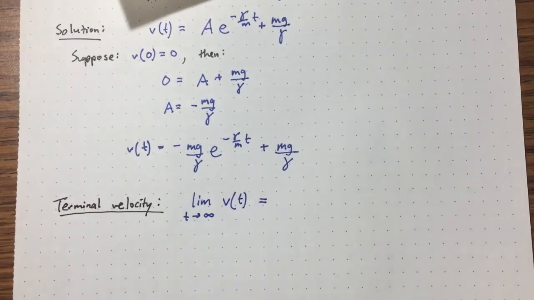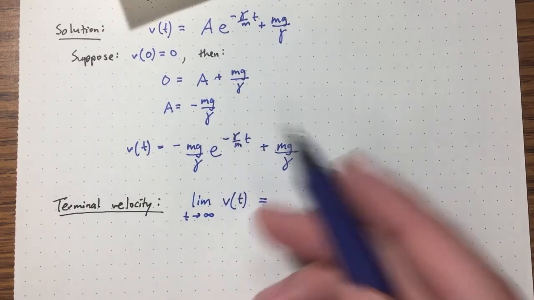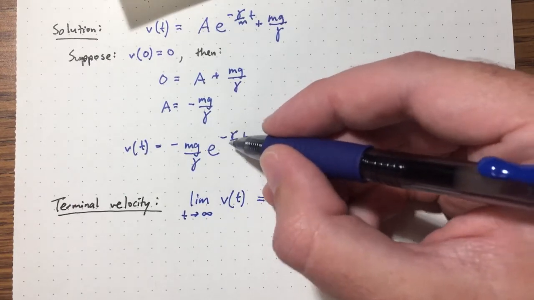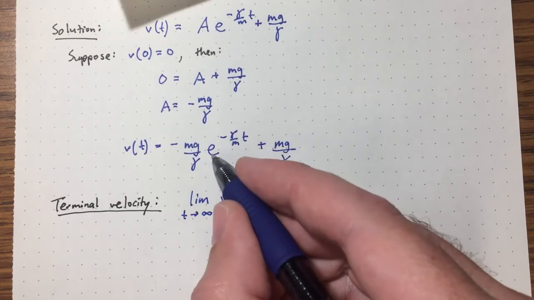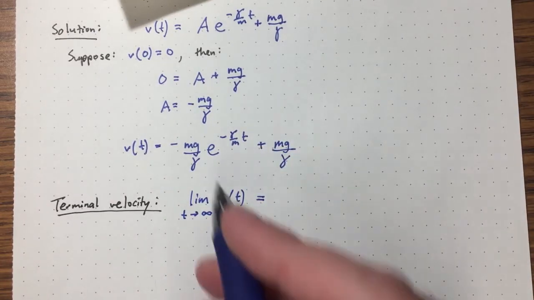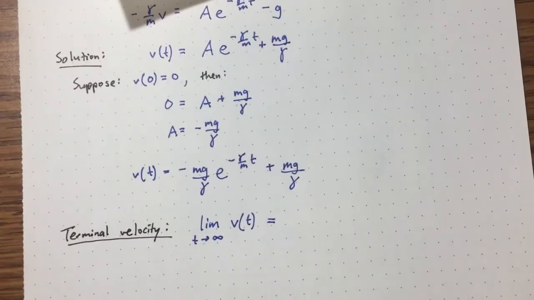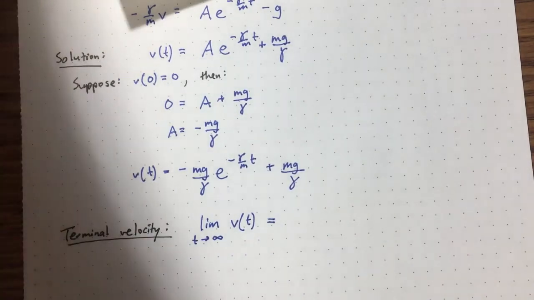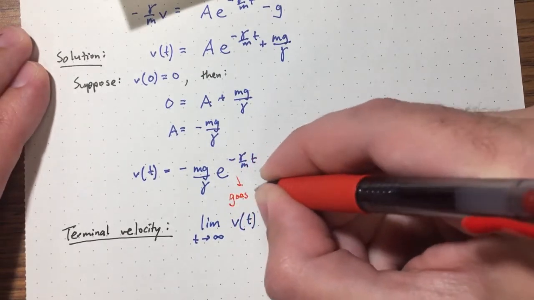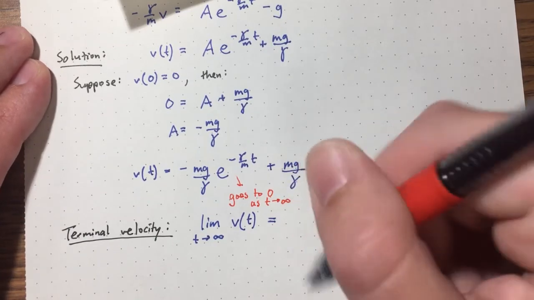Well, we can just look at our equation. As t gets large, what's happening to e to the negative gamma over m t? Negative gamma over m is a negative number in the exponent, so we get e to a very negative number, which goes to 0 as t goes to infinity.